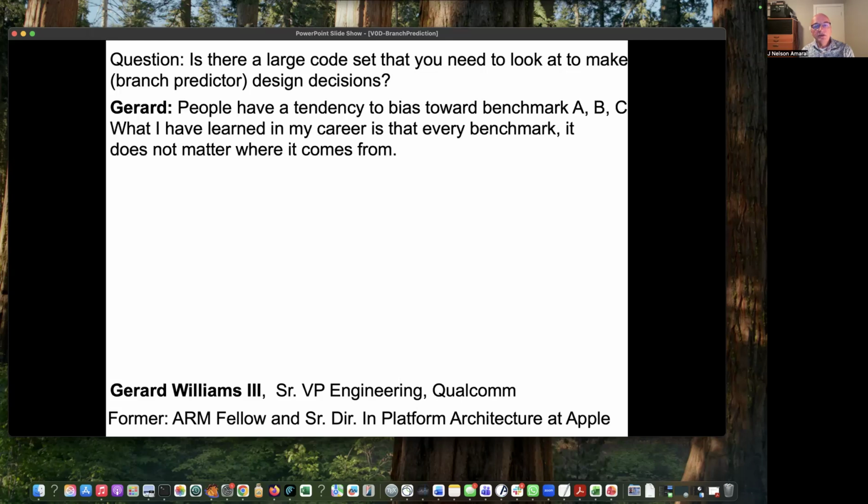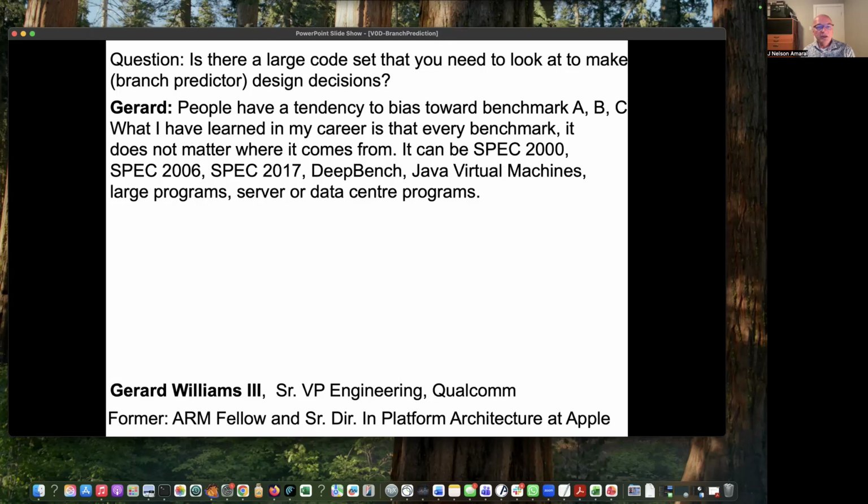So Gerard's answer is that people have a tendency of having a bias towards some types of benchmarks, A, B, C, and he says that what he has learned throughout his career is that it does not matter where it comes from.